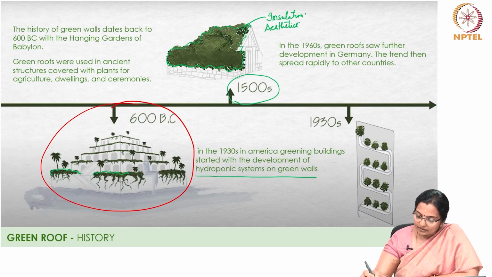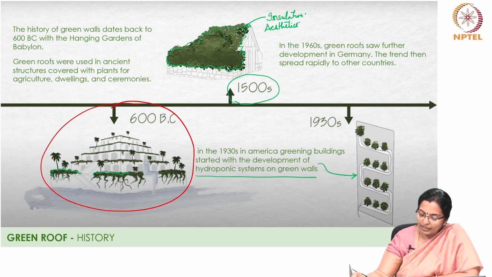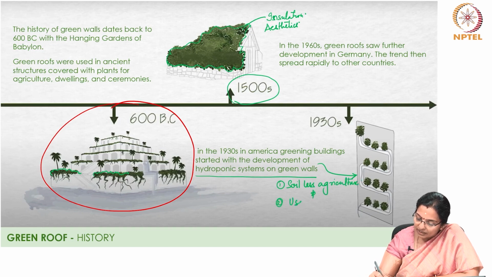In the 1930s, in America, greening buildings started with the development of hydroponic systems on green walls. Because of this, soilless agriculture and use of vertical greenery were combined.